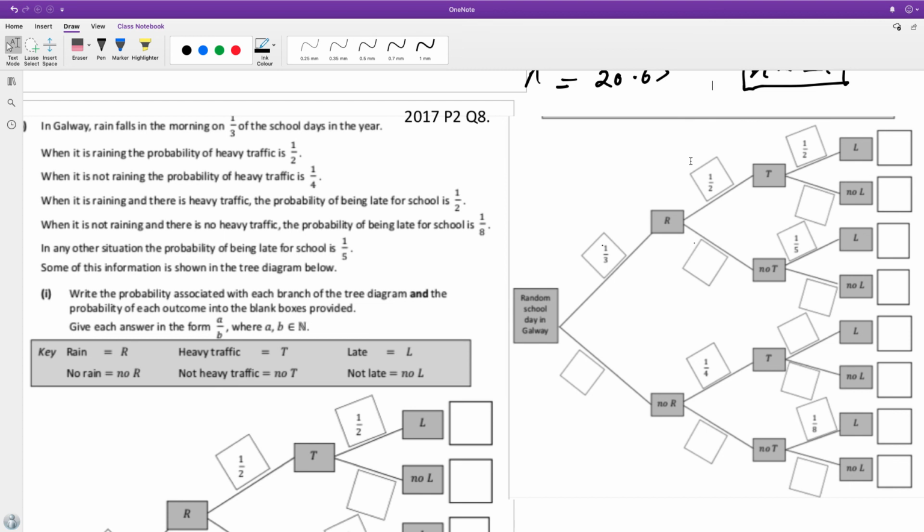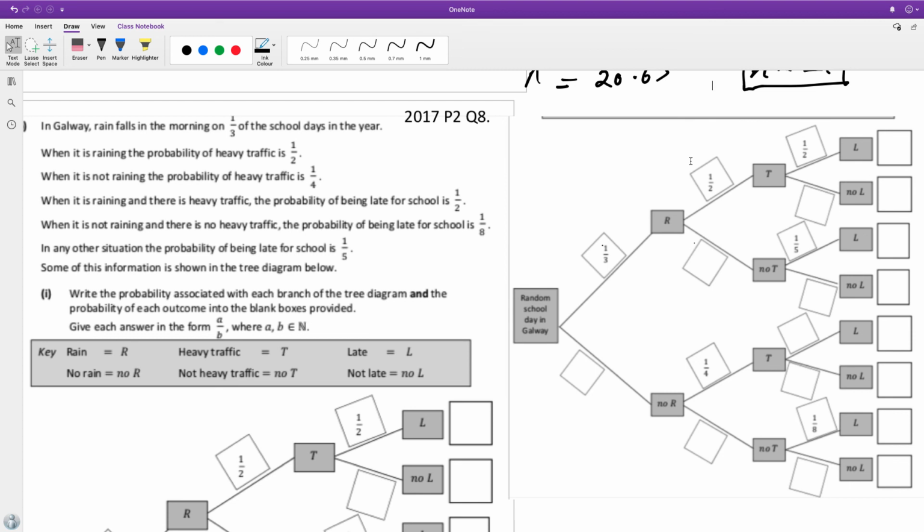Put 2/3 inside there. So, probability of rain is 1/3, no rain, 2/3.